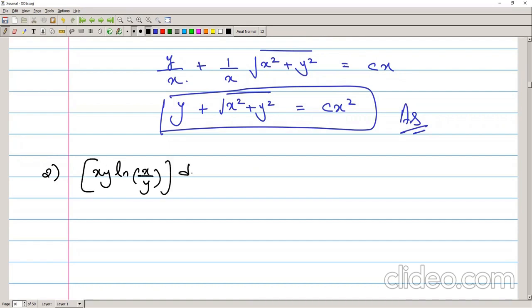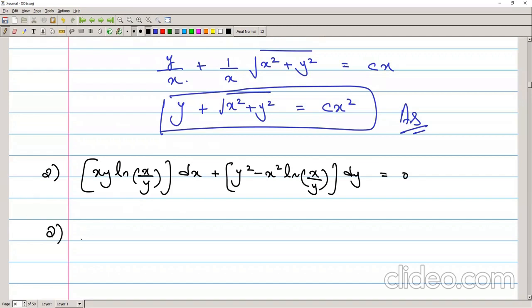Right, it's dx plus y squared minus x squared ln x over y times dy is equal to 0. Right, so you can solve this problem.